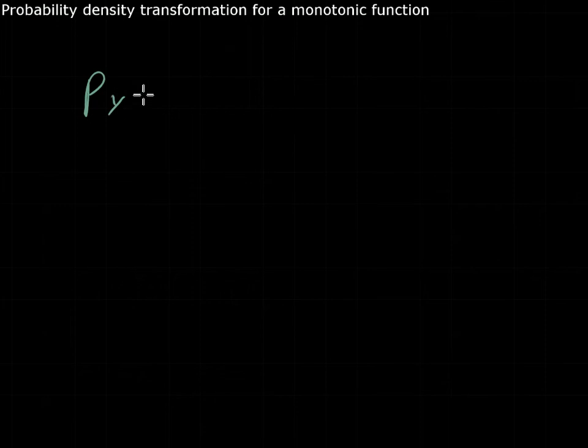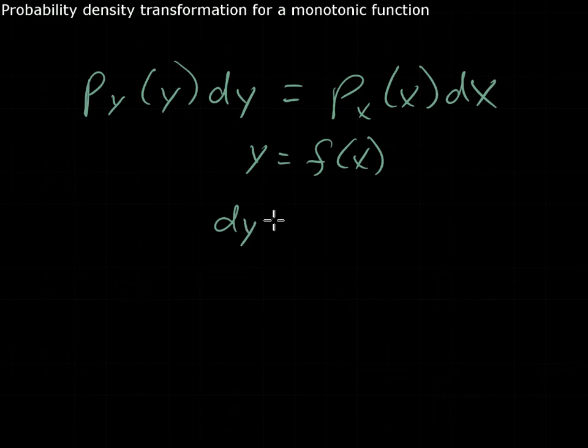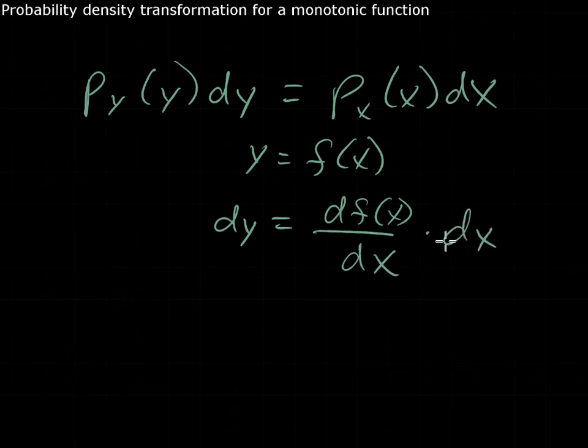We'll begin by rewriting our main expression here relating the densities. And we say, since we know y is some function of x, we can basically say dy is df of x dx times dx, and we'll get an expression for this term.